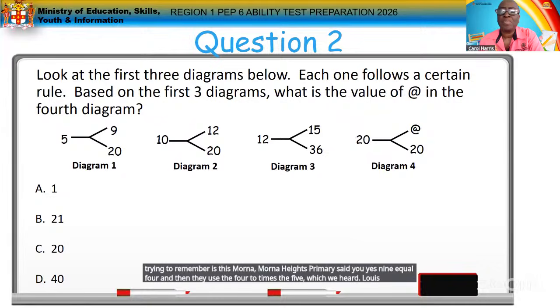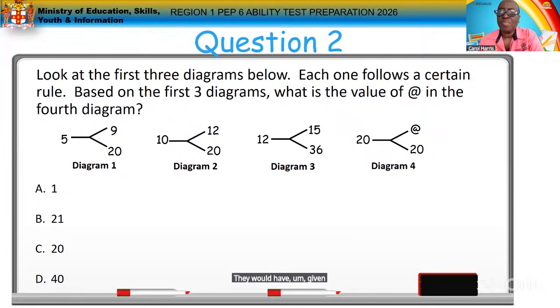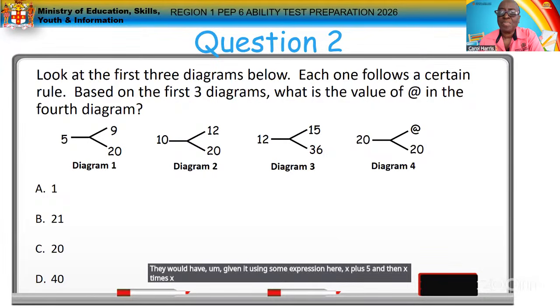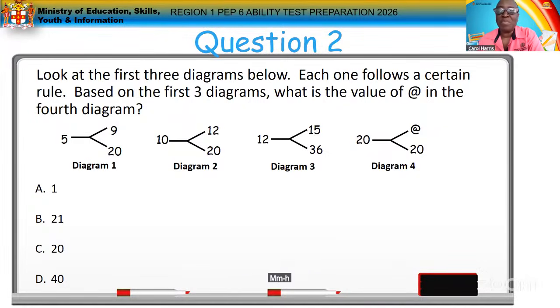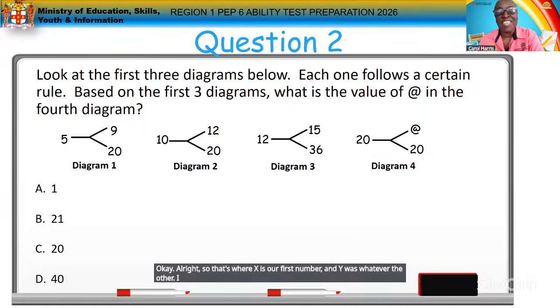Marlon Lewis, whether that's a child or the teacher, gave it using an expression: x plus 5, and then x times x plus y, and then x times y. Okay, all right. So where x is our first number, and y was whatever. I love that you're trying to generalize, and that's good. So trying to bring in a bit of algebra there.